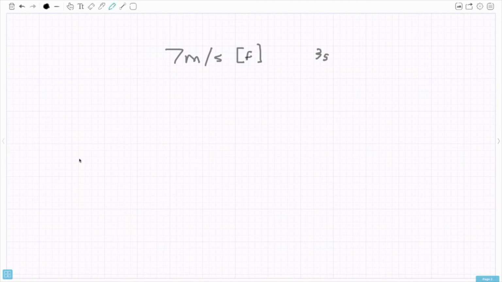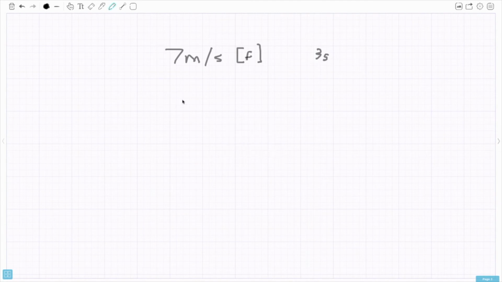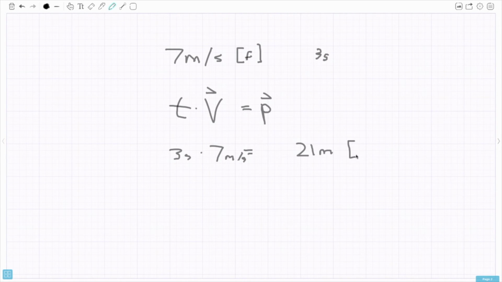Instead of velocity equals distance or position divided by time, it will be time times velocity equals position. So it would be 3, which is time, times 7 meters per second, which is our velocity. That would give you 21 meters forward, because it's still traveling forward.